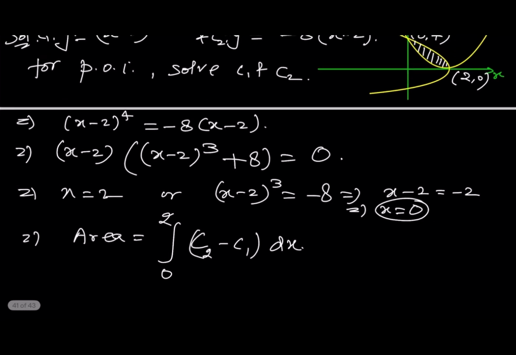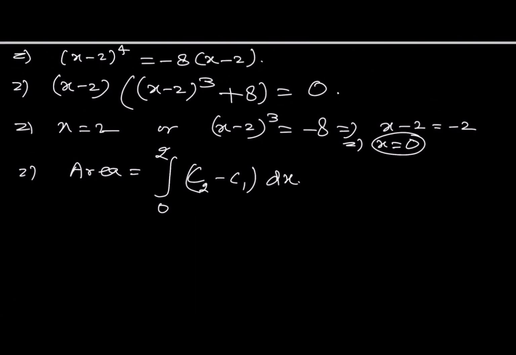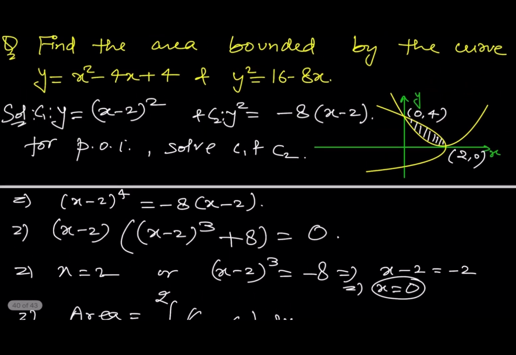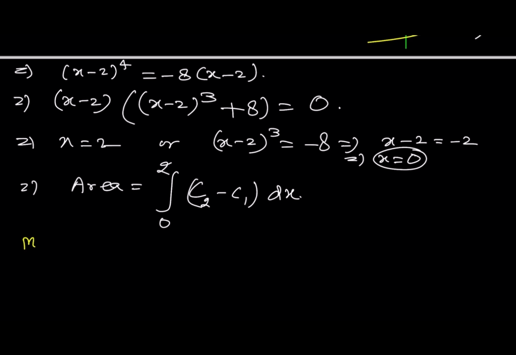Obviously there is some calculation, but if you want to get rid of this calculation part, then you can go by some other route, which I have already mentioned in the class. This is method 1 and this is method 2.